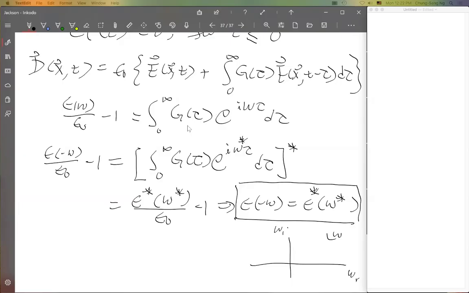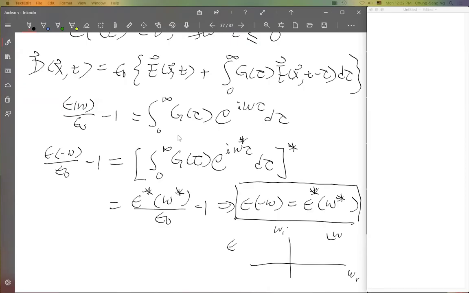When you integrate tau from 0 to infinity, because the exponential function has a negative argument, epsilon will be finite. It will not get a singular value. So it's fully finite. So it is analytic within this plane. So epsilon is analytic over the upper plane.